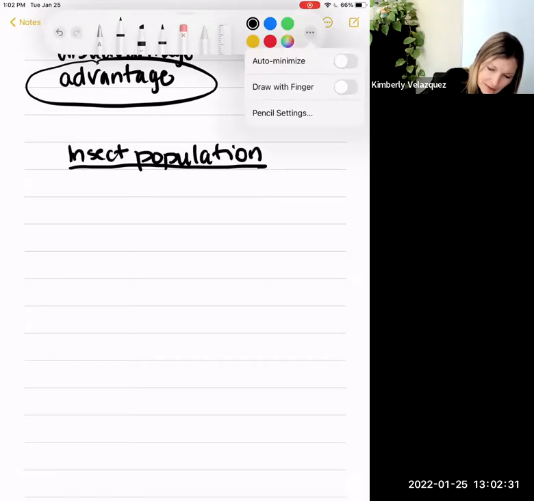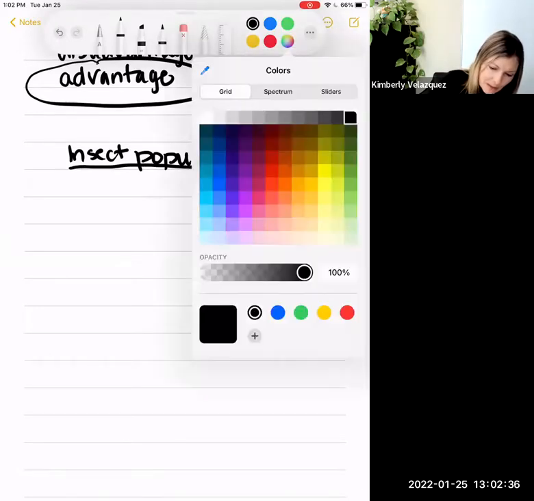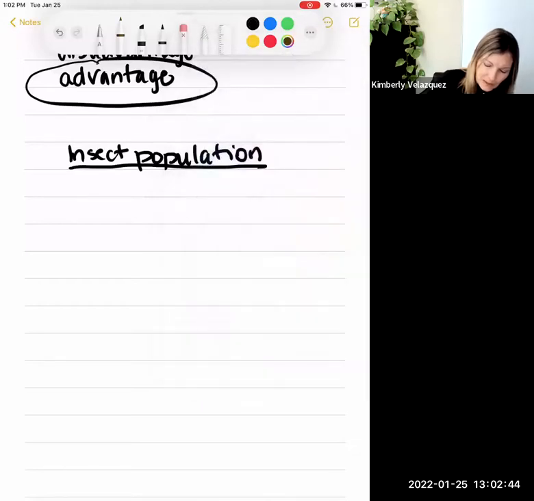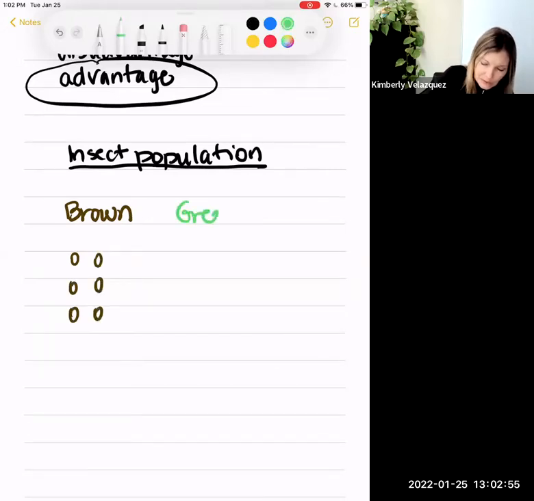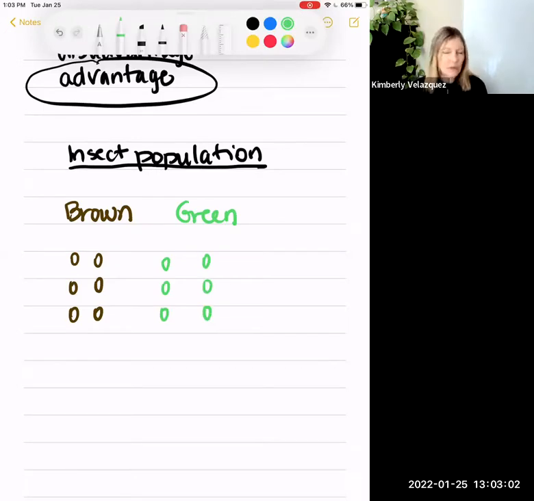And I'm going to have some brown individuals. And there are going to be some green individuals. And these are my insects. I'm not going to take the time to draw them out as insects.